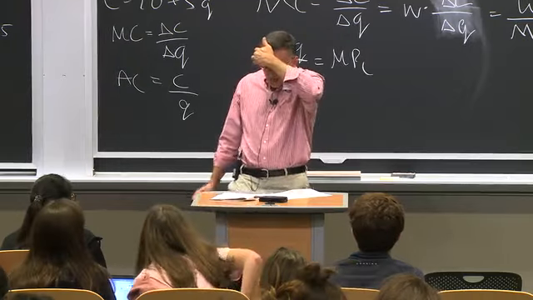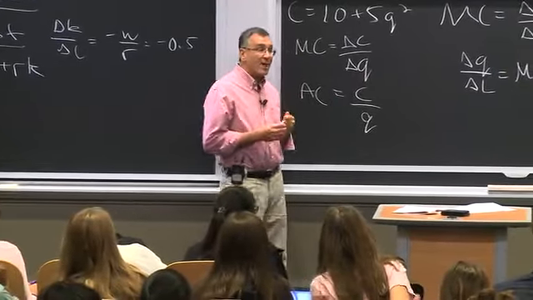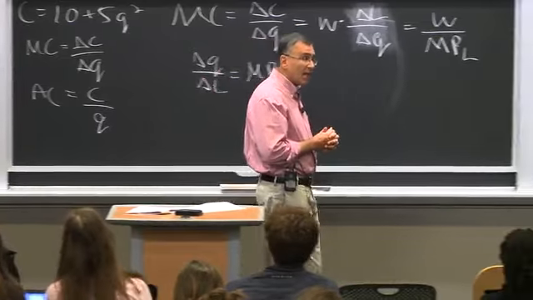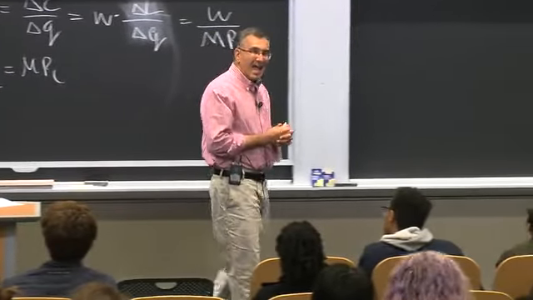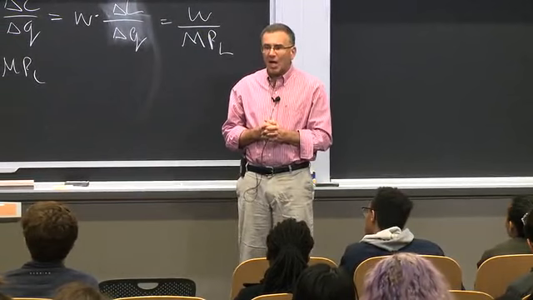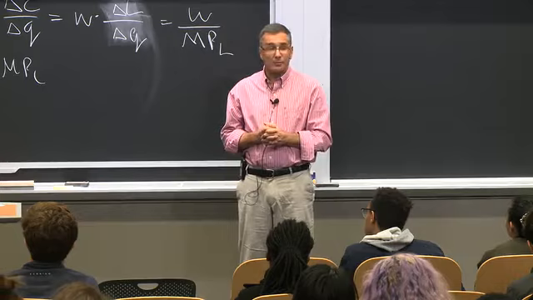Okay? Now, here's the question. You're a firm that wants to produce a certain amount of units. You have a production function and a cost function. How do you graphically figure out the right combination of capital and labor to use to produce a certain amount of units? Yeah?